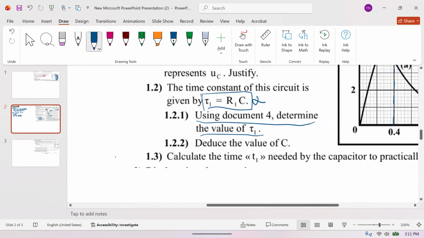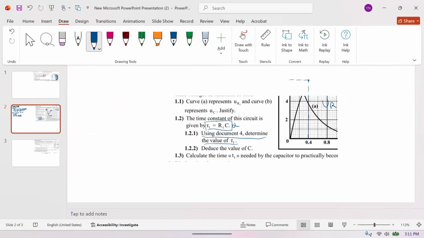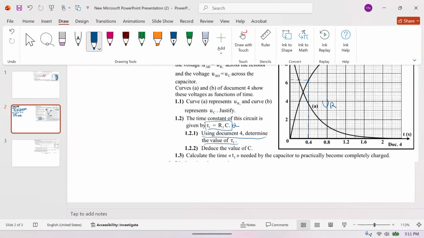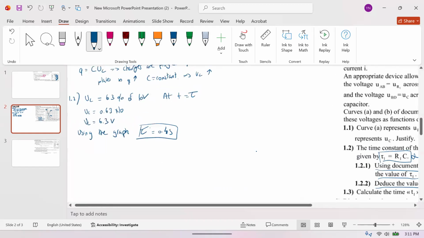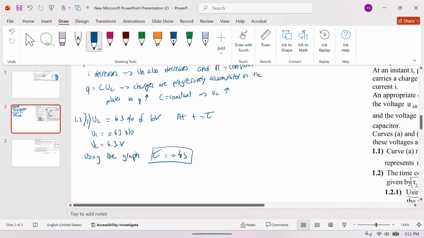We calculated tau 1 specifically. Deduce the value of C, question 1.2.2. Since we calculated tau 1, and now they want C, we know that tau 1 is equal to R1C.